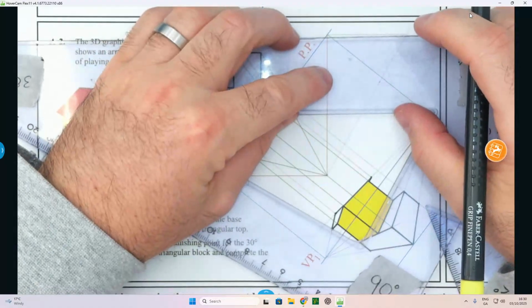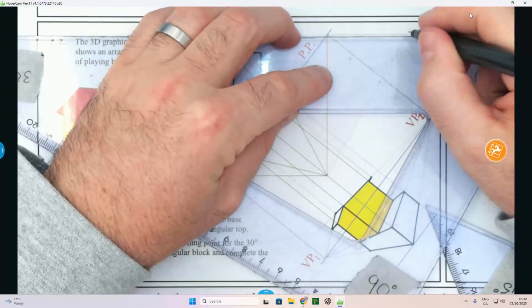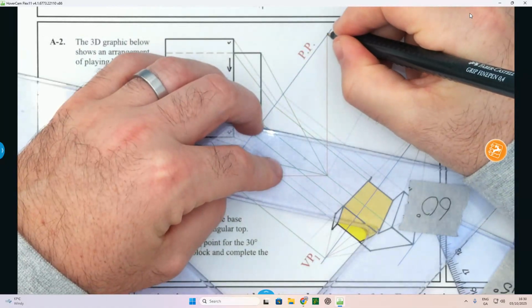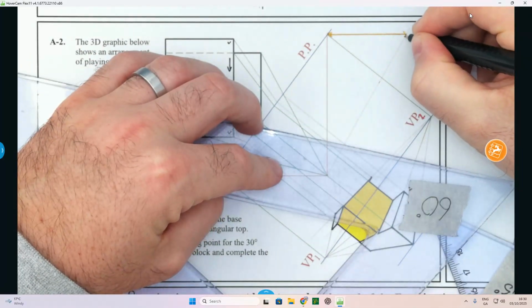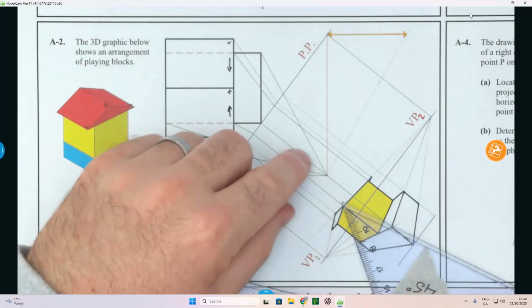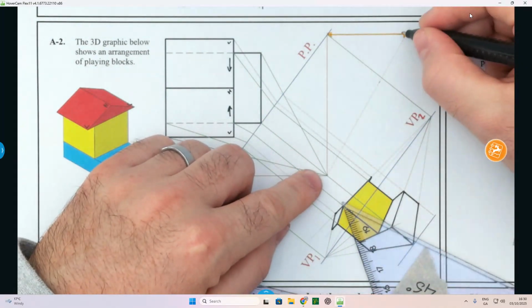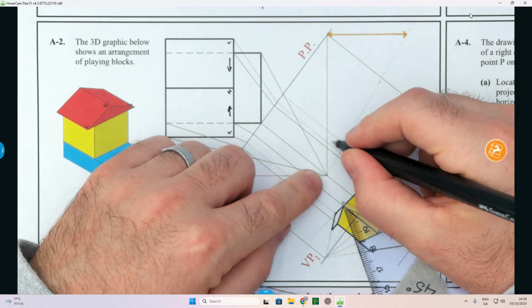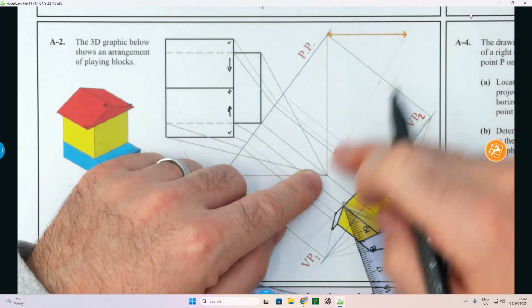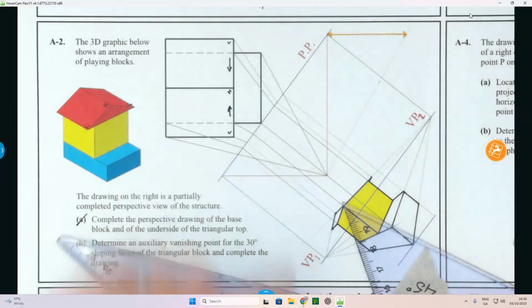What I've now got is the height. So that height there, from there to there, is the height for my auxiliary vanishing point. All I've done here is recreate the pitch of the roof at a 30-degree angle, which we did inside here, by creating the little pitch of the roof, a triangle.